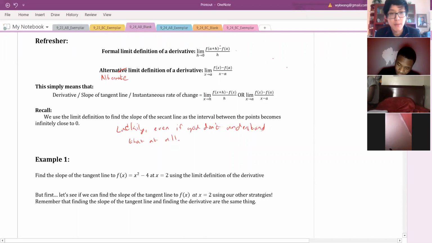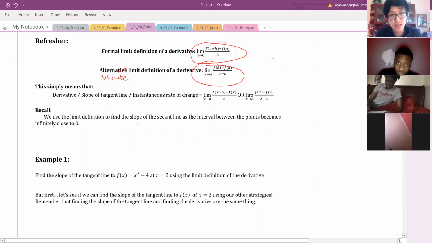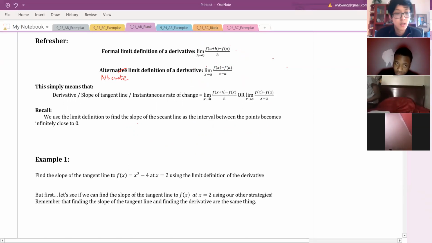At the end of the day, I just memorized these two equations, and then all you have to do is plug stuff in, and you can get the right answer. So don't panic if you don't understand these limits conceptually and they look really intimidating. If it's any comfort to you, you could probably just memorize them, plug things in, and still get the right answer on problems.